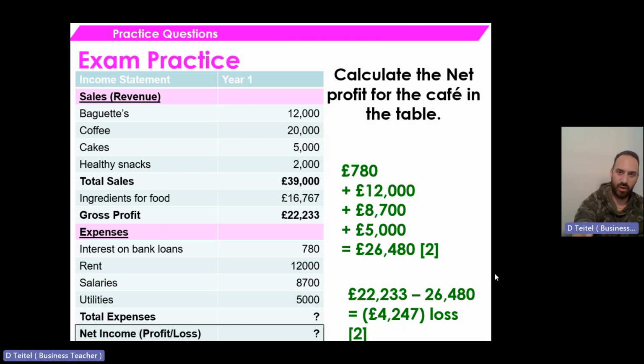And then to calculate our net profit, we take 22,233 minus 26,480. We actually got a loss of £4,247. I expressed the loss in brackets. If you wrote loss, or if you wrote minus, I believe that would be fine for the examiner, but correctly you express that in brackets as well.